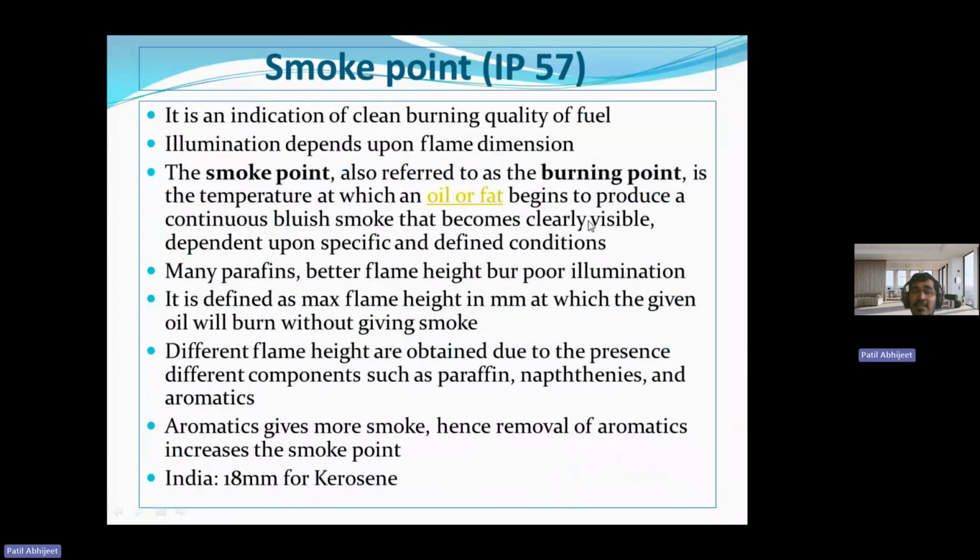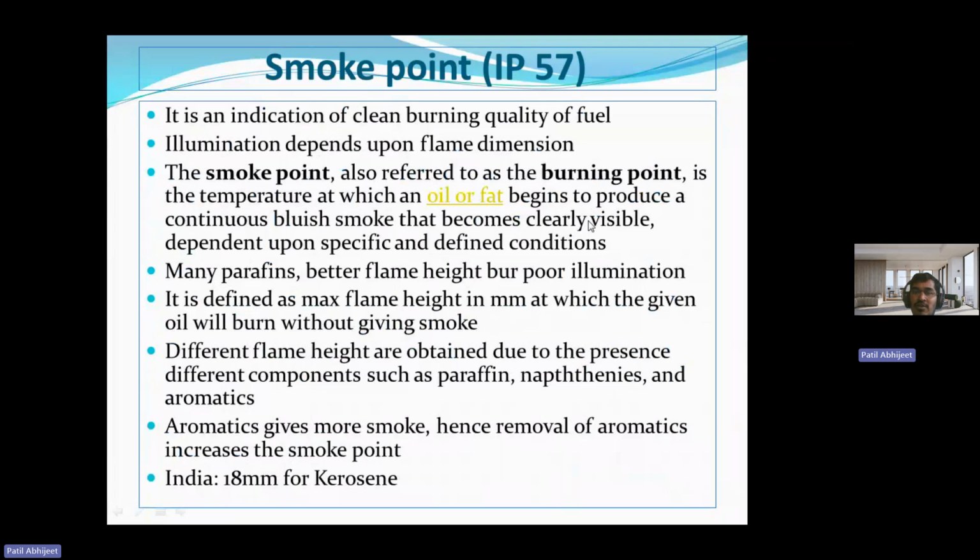Just as the fire point is called the combustion point, the smoke point is also known as the burning point.